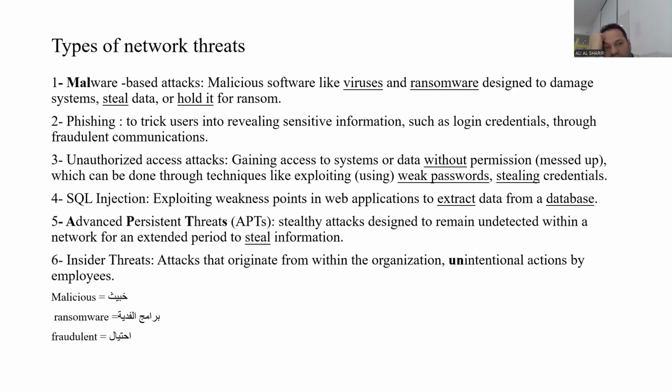Phishing is to trick users into revealing sensitive information. Sensitive information like what? Like the data or the information about your credit card. It's very crucial, important data. Any human now should have enough information about how to protect their credit card.